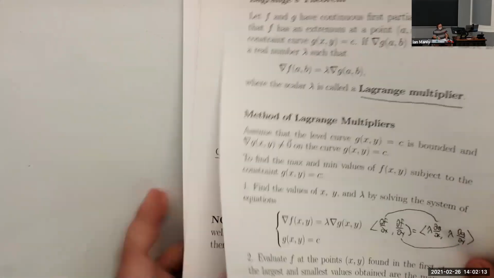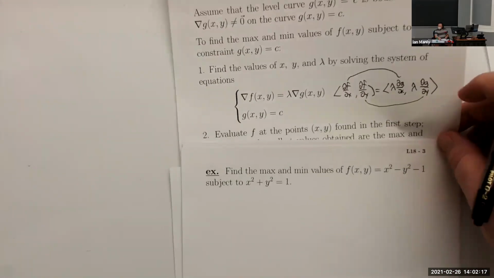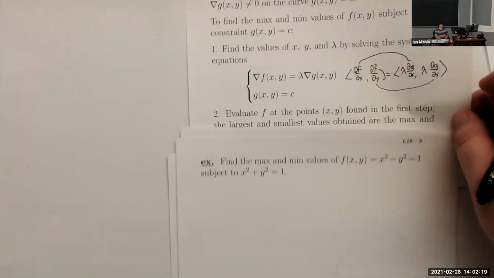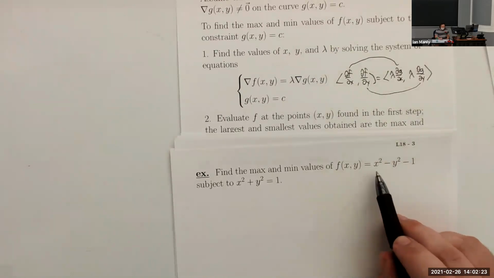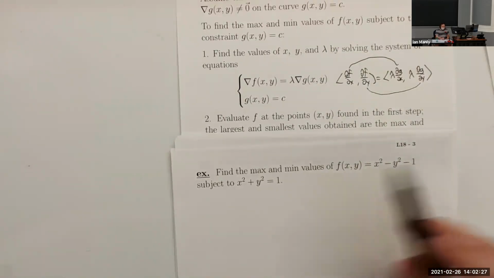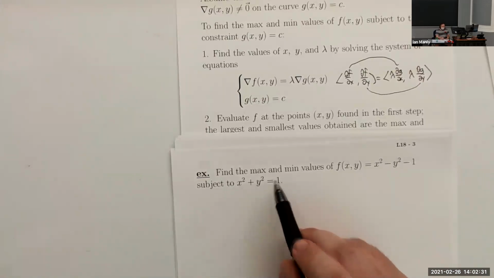All right, so let's go ahead and do this. And it may actually be easier for us to do this on a problem that we've already done to compare how this goes. So you may recognize this function from before. We're trying to find the maximum and minimum values of x squared minus y squared minus 1. The only difference is that this time we have x squared plus y squared equals 1.